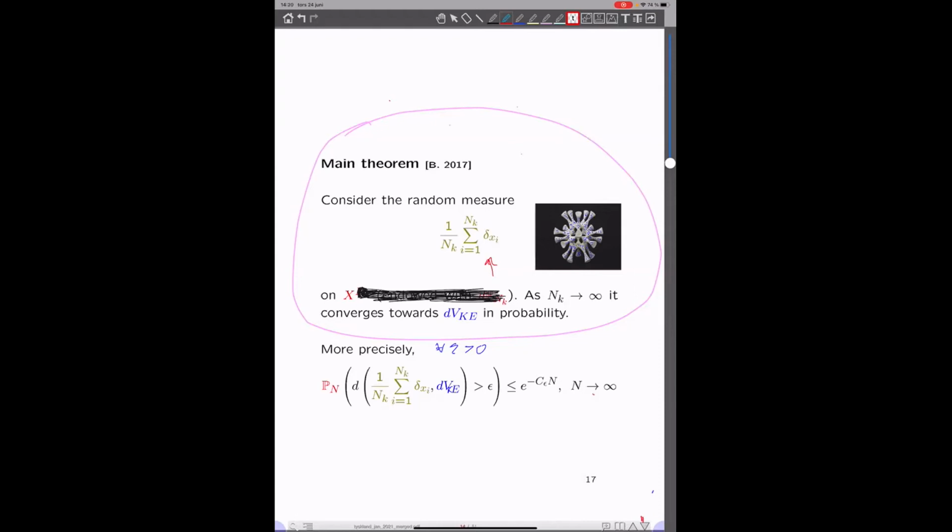Just to pause a bit: this is a bit like what you would do in numerical integration. You have some measure, some volume form, and you want to approximate it. So you would try to distribute some points on your manifold, and then approximate your volume form with this cloud of points, as if you put a discrete measure at those points.